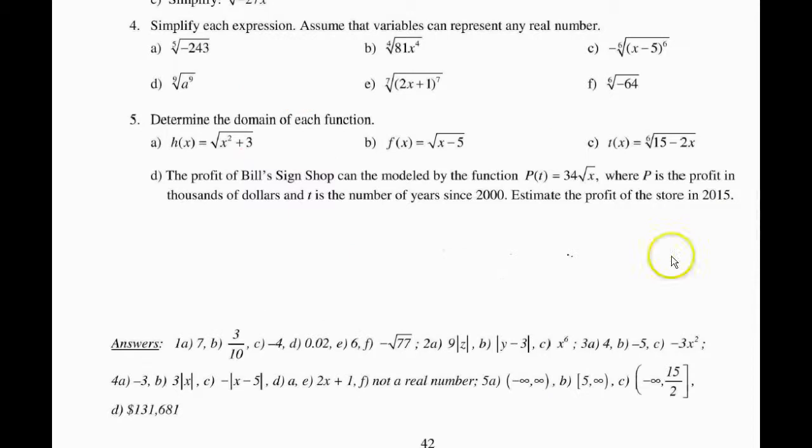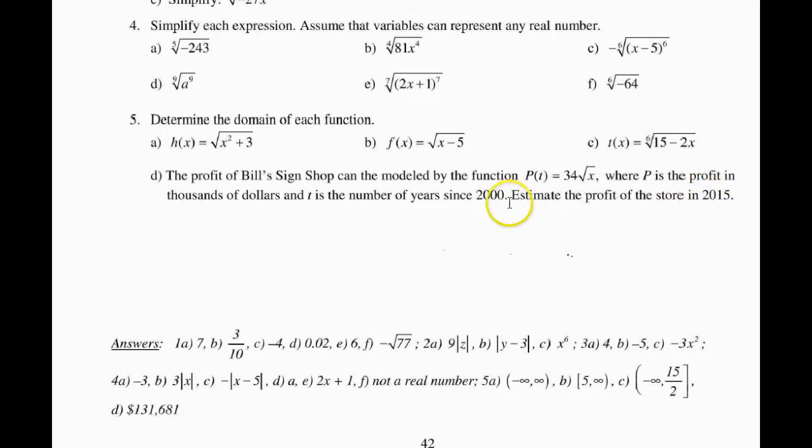All right, let's go on to our last one. Here's a fella who has a sign shop, and we say his profit is based on this. P is the profit in thousands of dollars, T is the number of years since 2000. We want to know the profit in 2015, actually this year.